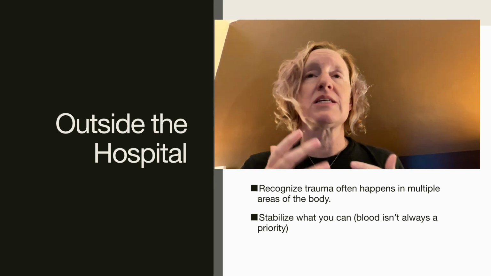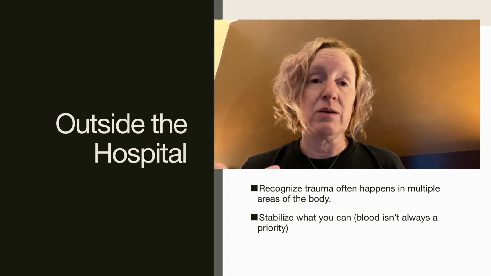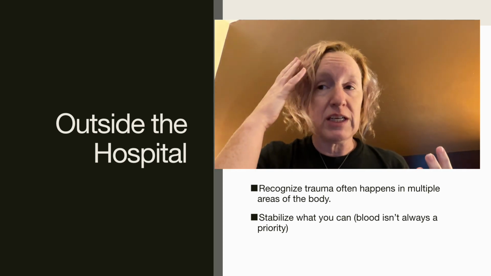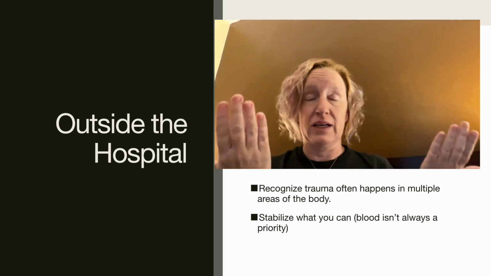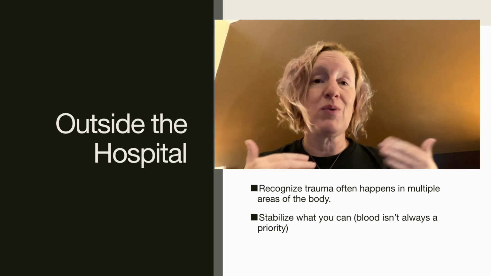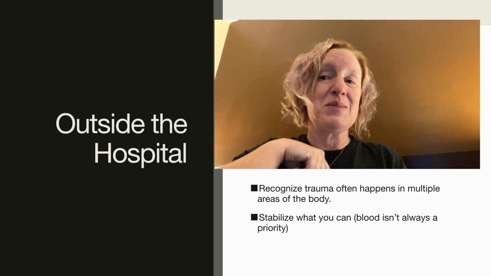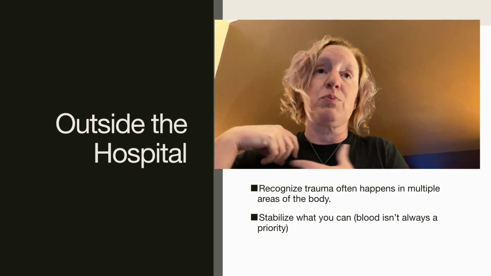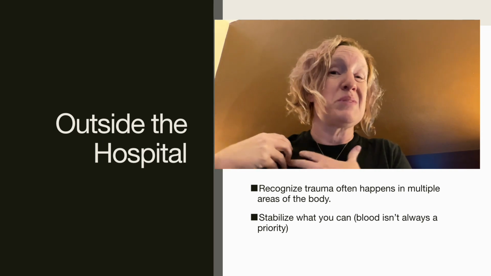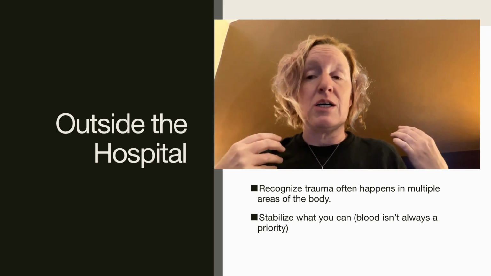When it comes to things like car wrecks, we will see people have head injury from hitting the windshield or the steering wheel or even just the airbag hitting them in the face. But then we will also have seatbelt injuries where the seatbelt has caused bruising and damage, sometimes broken ribs.